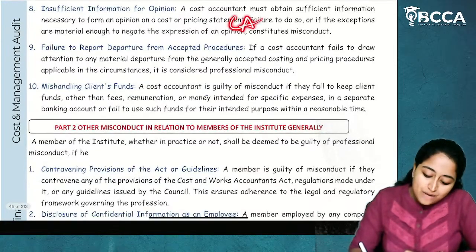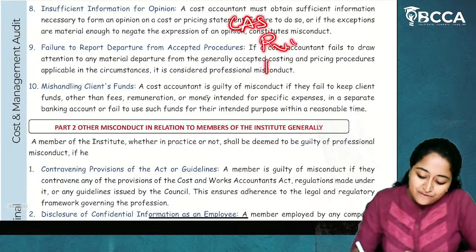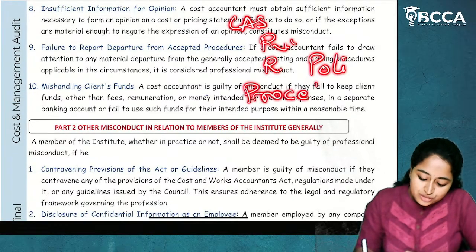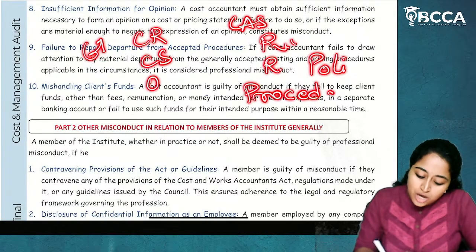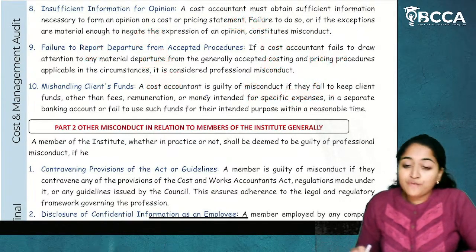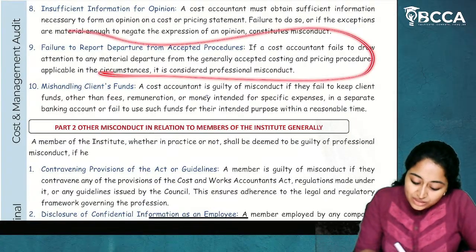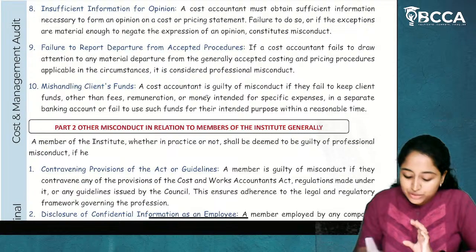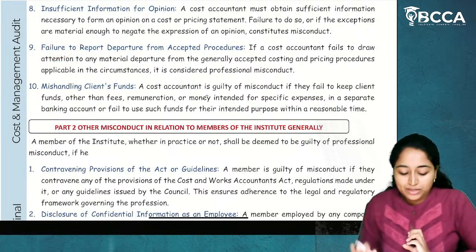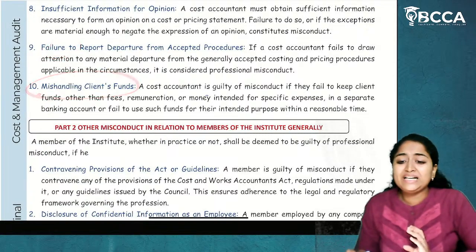We have cost accounting standards, we have rules, we have regulations, we have prescribed policies, we have prescribed procedures. If cost records, cost statements, or any other related information of an entity are not following rules and regulations or accepted procedures, then you have to report about it. Mishandling client's funds.